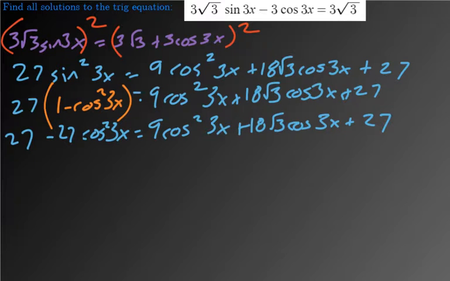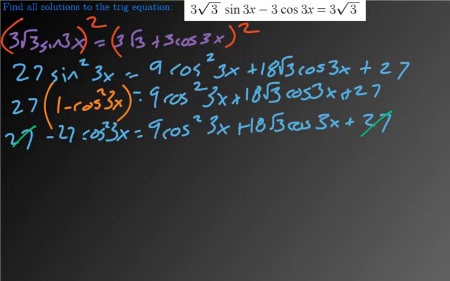Everything here is some multiple of 9, right? And so I could actually divide by 9, and it would be a little simpler. So I'm going to divide everything here by 9. I also have a 27 on both sides, so you can cancel 27 if you want to.